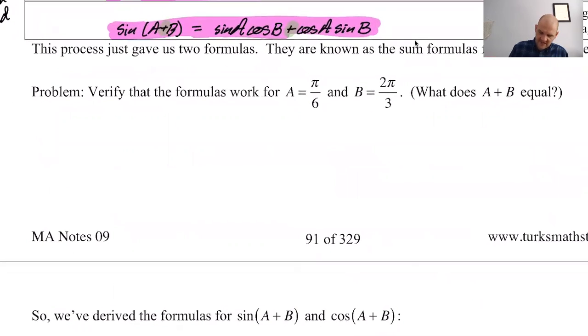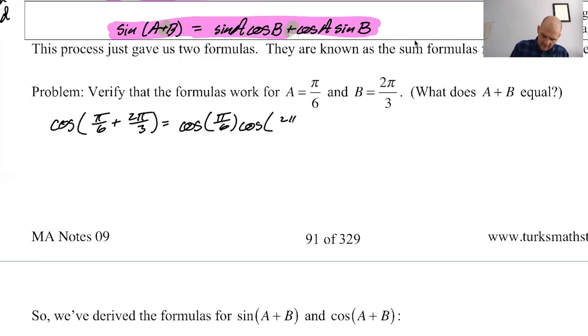So let's see how it works, just because we're here. Let's say cosine of pi over 6 plus 2 pi over 3 should be equal to, according to this formula, cosine pi over 6 cosine 2 pi over 3 minus, because it's cosine, so it's the opposite, sine sine.